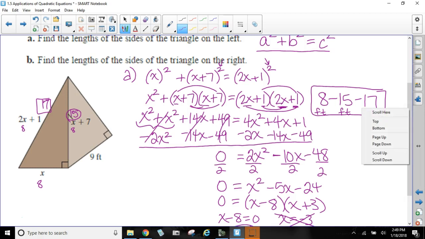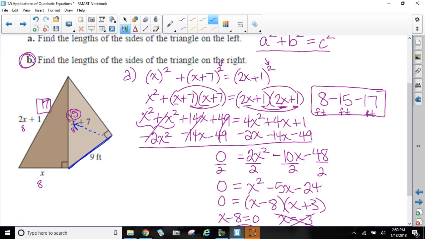Now in part B, it says to find the lengths of the sides of the triangle on the right. That is this lighter shaded one. Okay, now what we know here is that this leg is 9 feet, okay, and we know opposite the right angle is the hypotenuse.